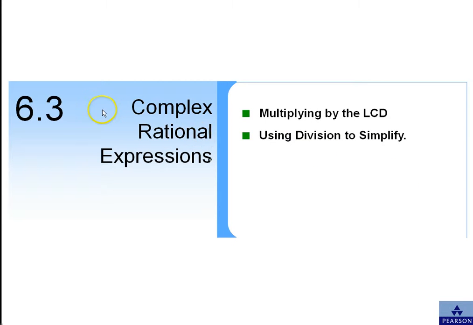This section is not in our curriculum for 105, but I thought I'd give you a very brief review of it because it has a lot of good stuff in it. So we're working with complex fractions. We're going to multiply by the LCD and use division to simplify.